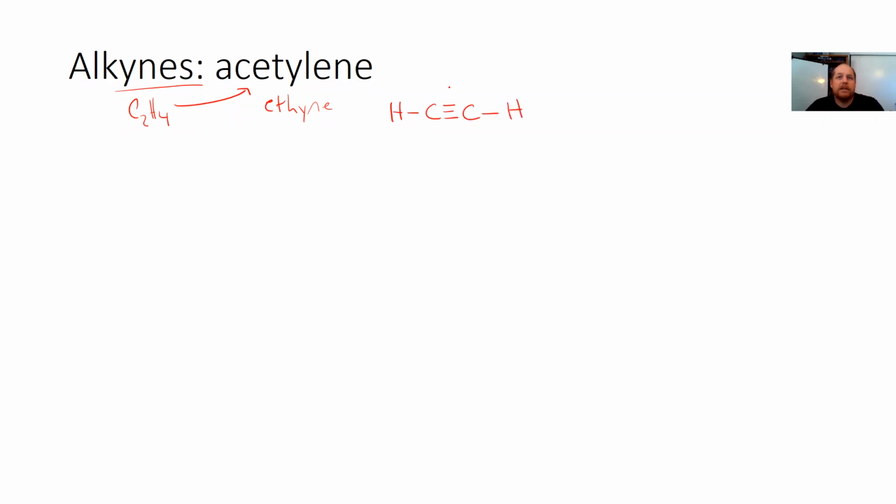And so if we look at the bonding in this, we've got a single bond, right? So there's a sigma bond there, and there's a sigma bond there. Those are essentially equivalent, right? Where you have a carbon sp hybrid orbital bonded to a hydrogen 1s, and this bond here has the two carbons, and so this is a triple bond.